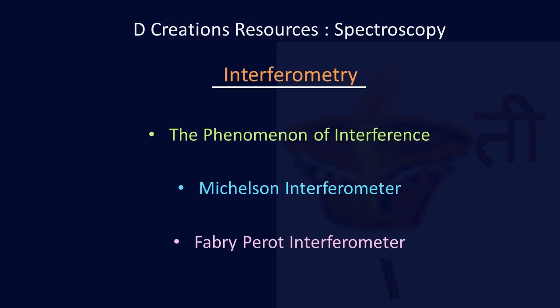To be more specific, the condition for constructive interference, which leads to bright fringes, is determined by the angle of incidence and the path difference between multiple reflections within the interferometer. So the fringes obtained in the Fabry-Perot interferometer are circular in nature.